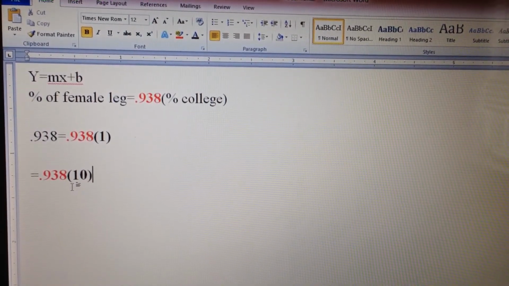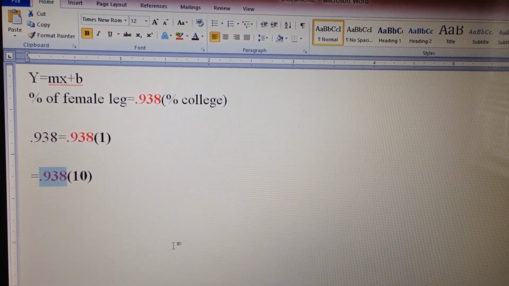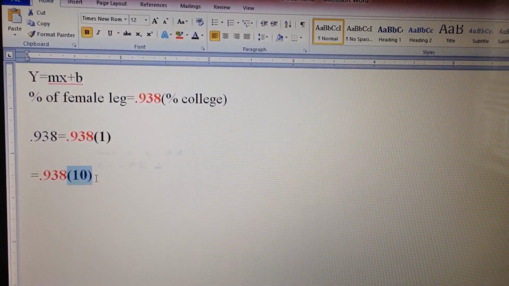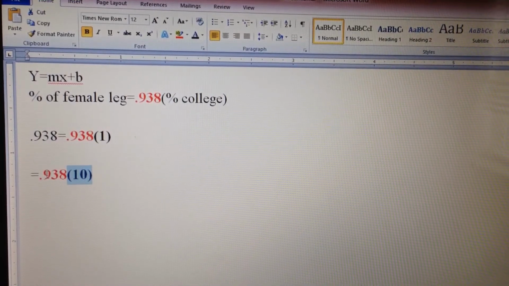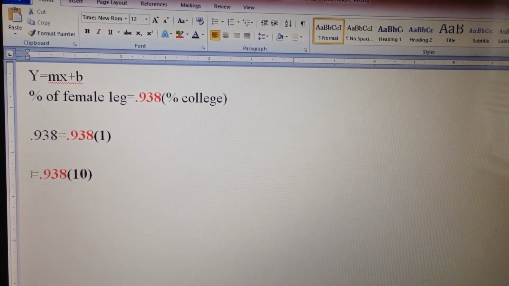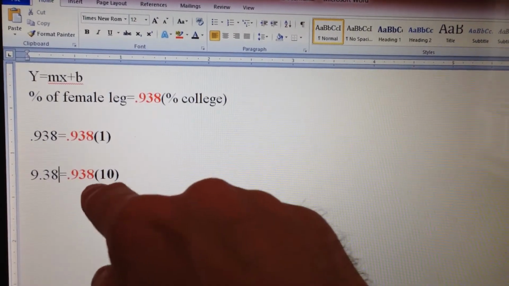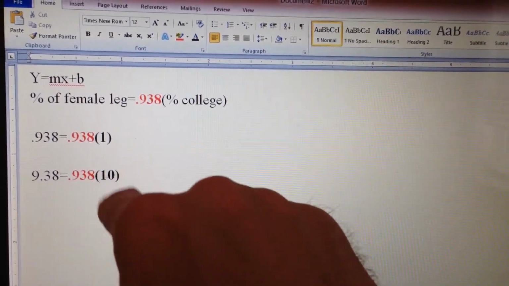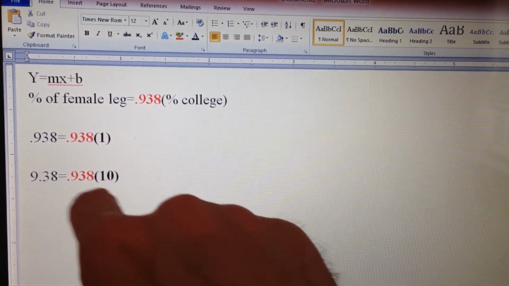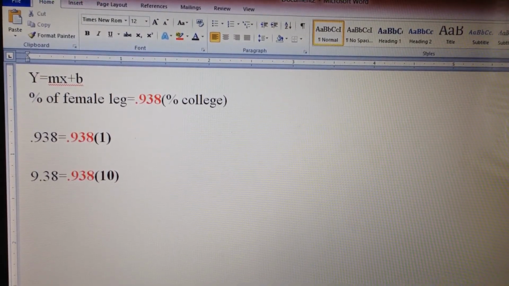Then we take the 10% that Virginia has and multiply it by the 0.938. And we say that Virginia, based on the 10% of people that have gone to college, that have college degrees, we expect them to have 9.38% female legislators.